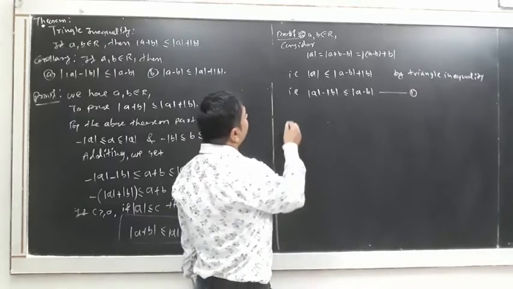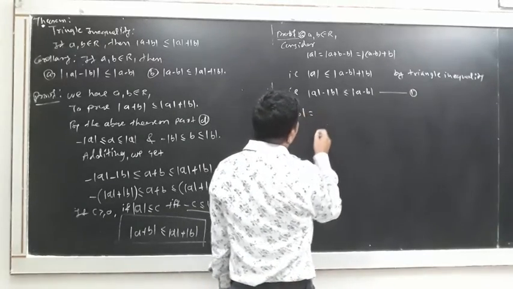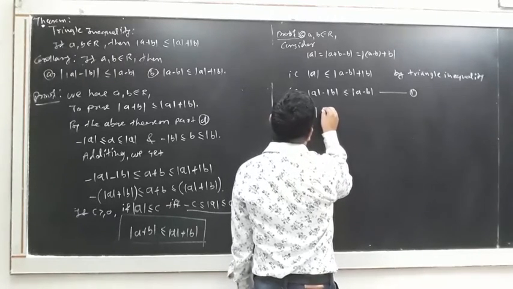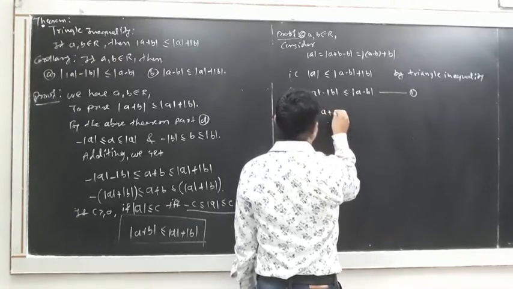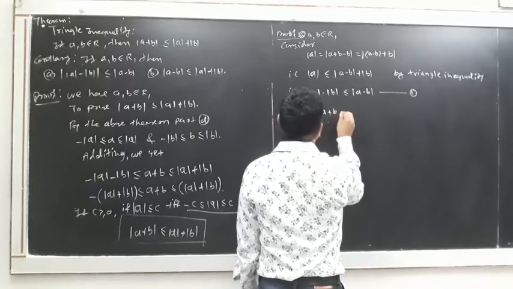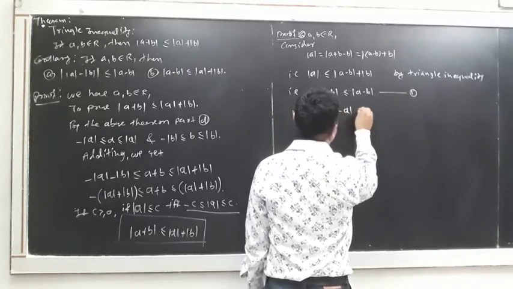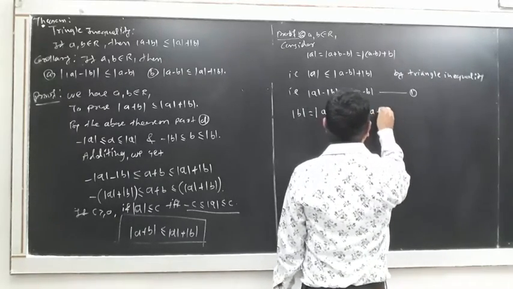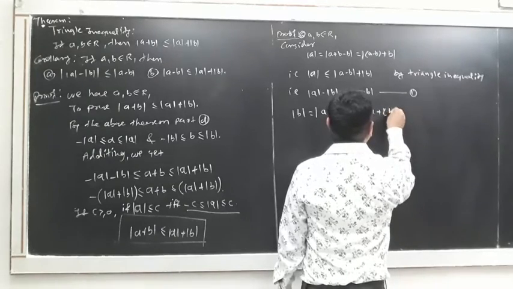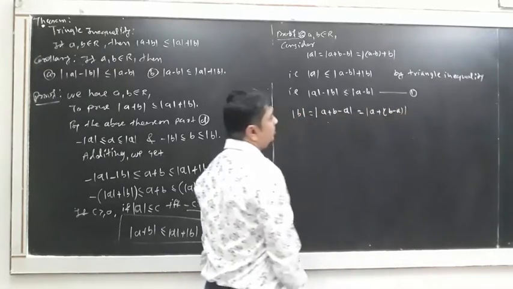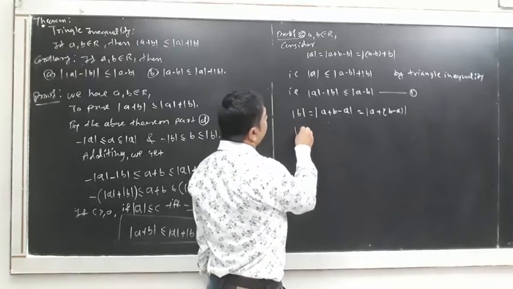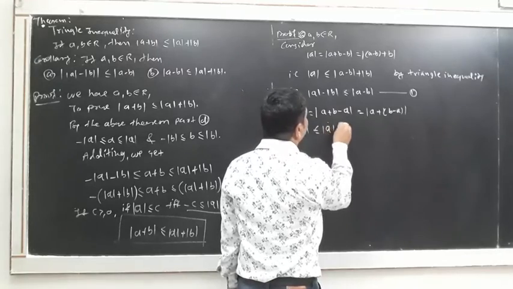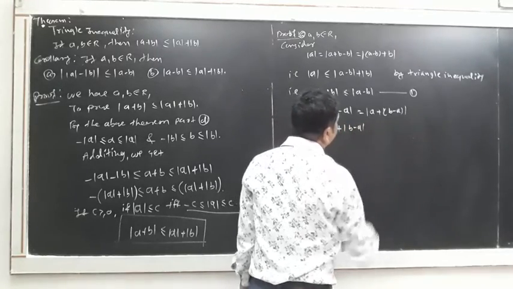Similarly, we consider |b|, and in the same manner we go for this. This is nothing but |a + (b - a)|. Again using the triangle inequality, this is less than or equal to |a| + |b - a|.